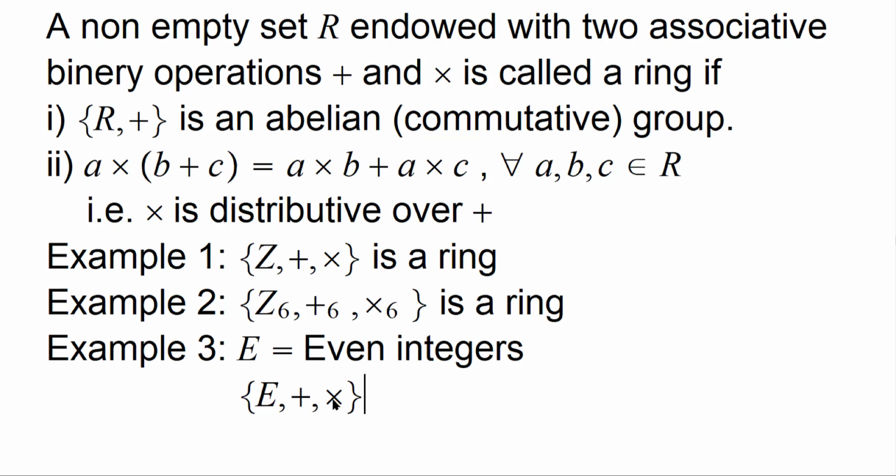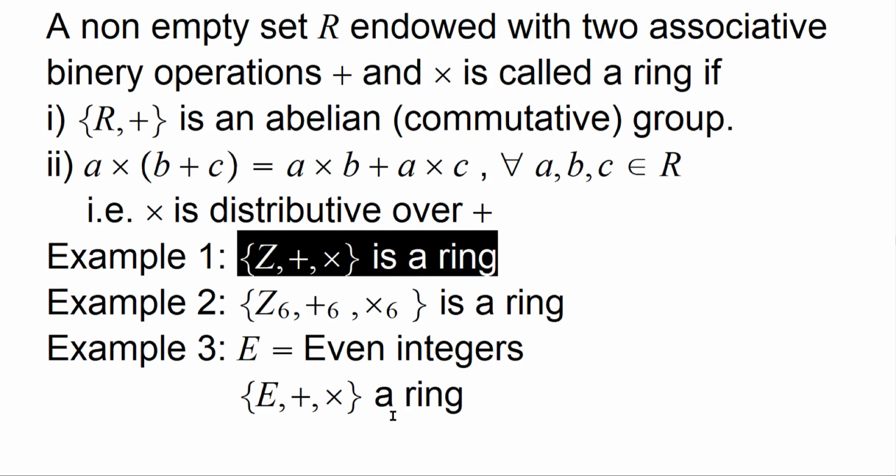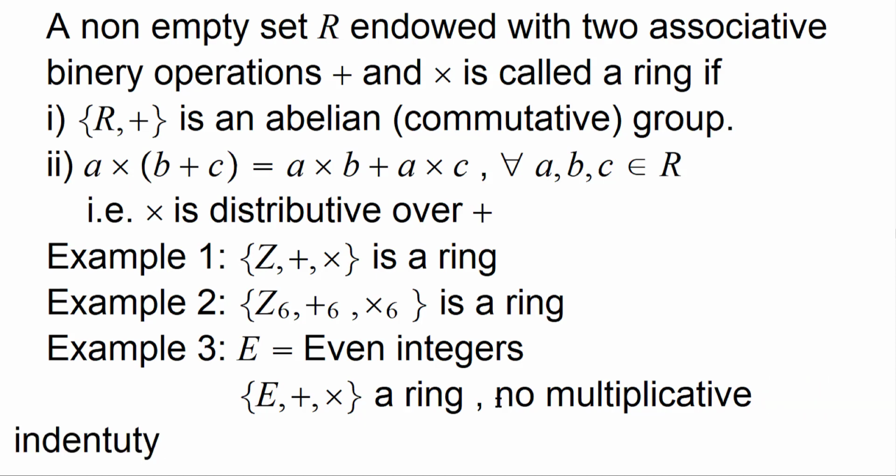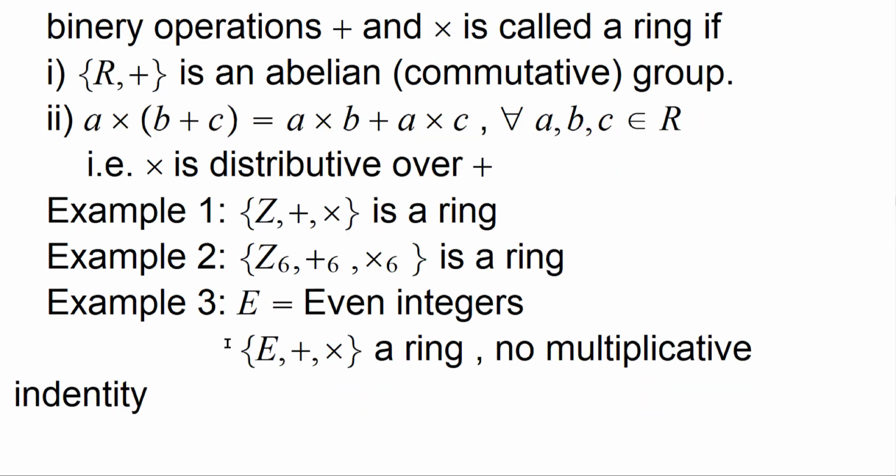This is a general property that doesn't have to do with even or odd: multiplication of numbers distributes over the addition. So this is also a ring, and of course a slight difference between this ring and the previous ring is that it does not have any multiplicative identity.